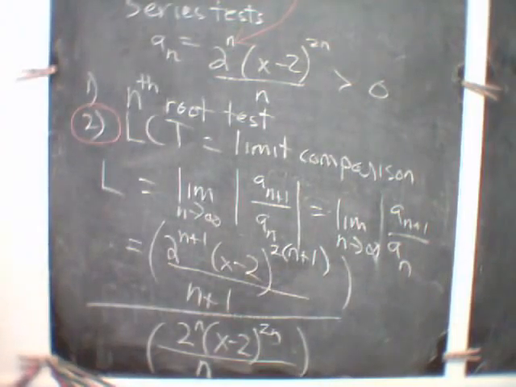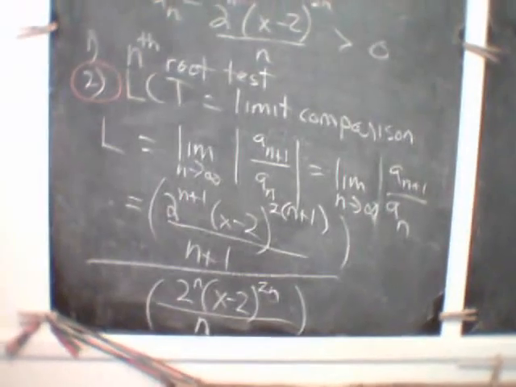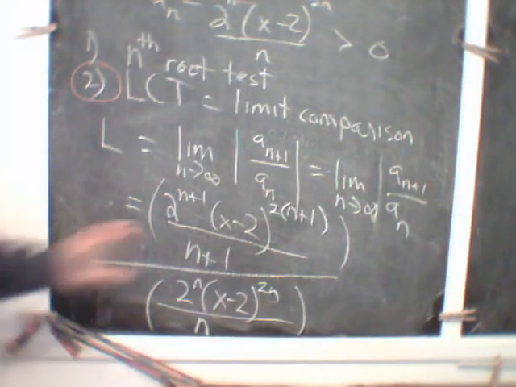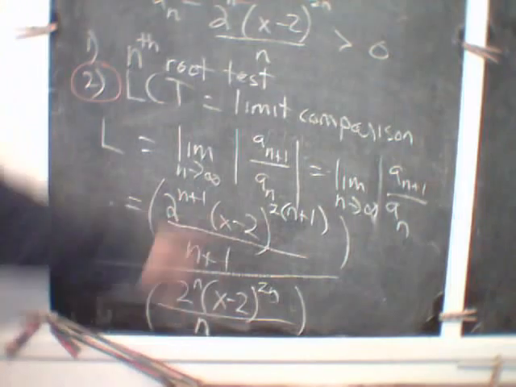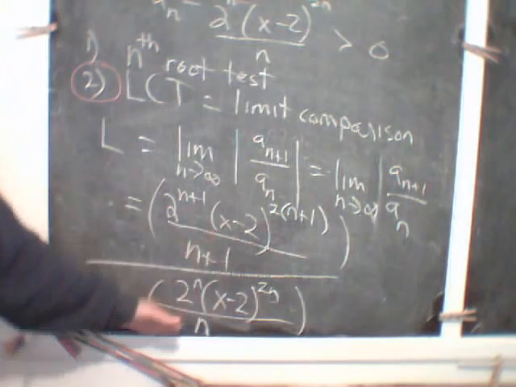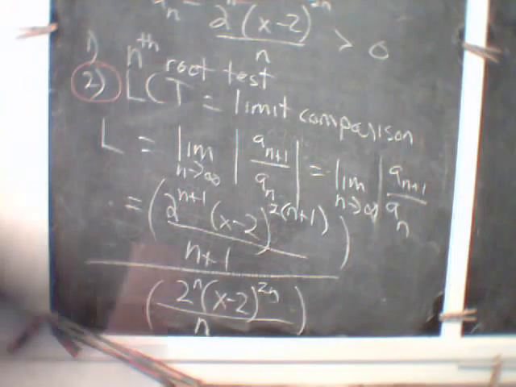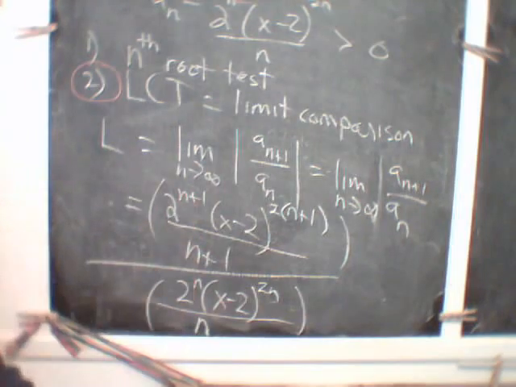We can write that in an easier to understand fashion so that we can cancel some things out, so to speak. If you can't see it right here, let's go over to here and take a look at what that really is.